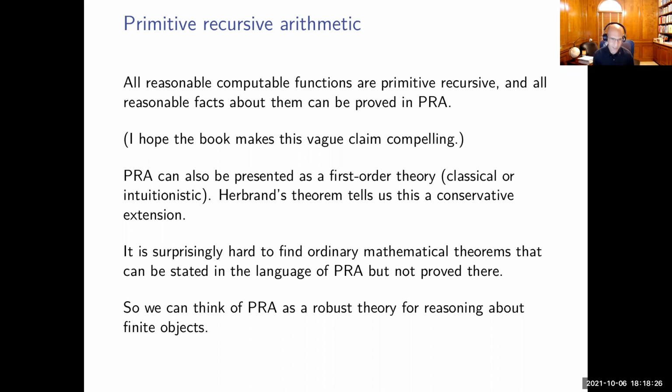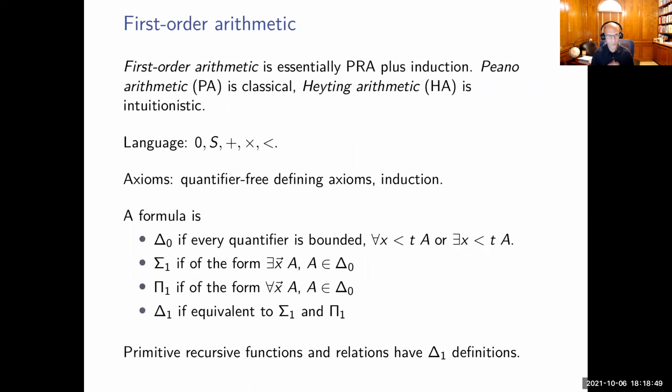The only counterexamples we have are those cooked up by logicians to be explicitly not provable in PRA. It's really hard to find mathematical theorems in the wild that can be formulated in PRA but not proved there. So you should think of primitive recursive arithmetic as a robust theory for reasoning about finite objects.